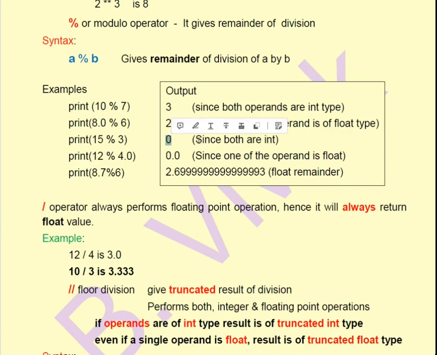It is int since both are int. 12 mod 4.0. 4 3s are 12, so the remainder is given as 0.0 since one of the operands, 4.0, is float. The remainder of 8.7 by 6 is 2.699 and so on.